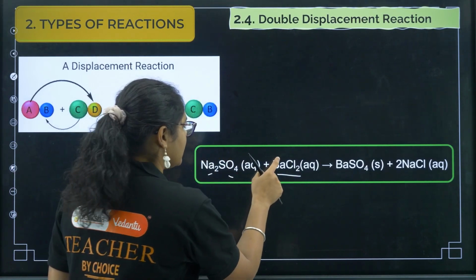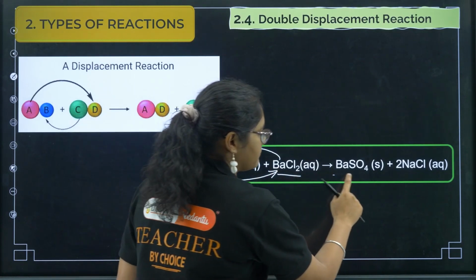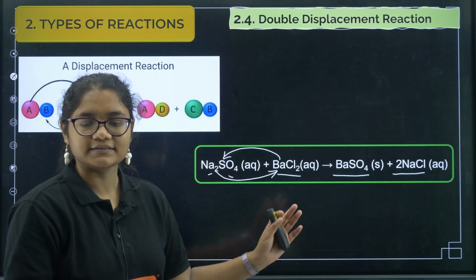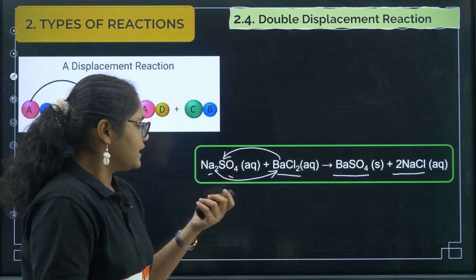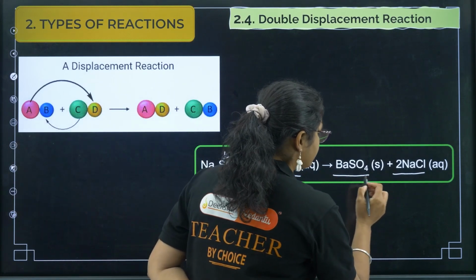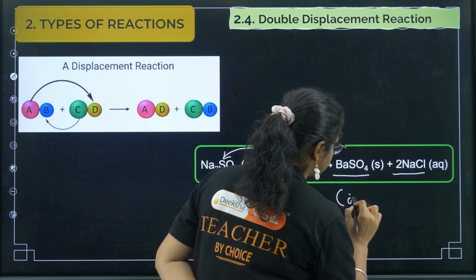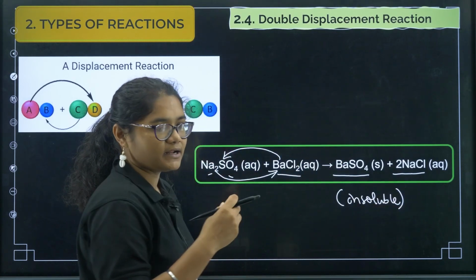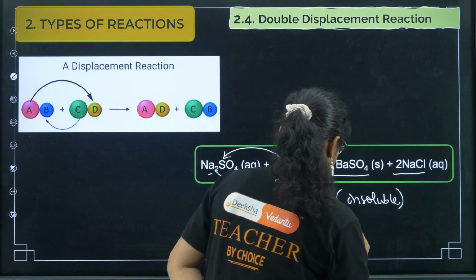Barium comes here and sodium goes there, so we get barium sulfate and sodium chloride. This is an example of double displacement reaction. Here you should remember, barium sulfate is solid and insoluble. When a product of the reaction is insoluble, that is called a precipitate.